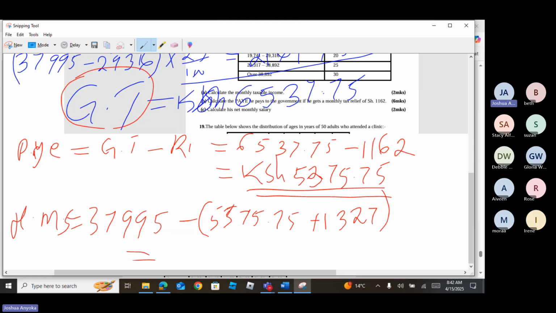So the net monthly salary will be equal to Kenya shillings. I want you to calculate 37,995 minus 5375.75. $31,292.25.